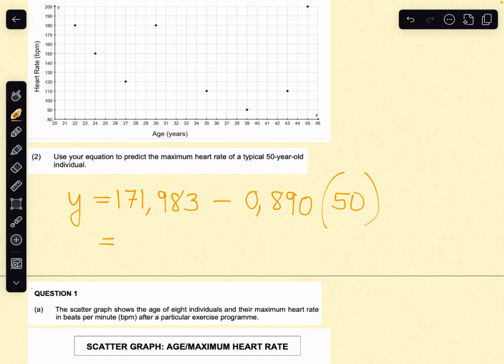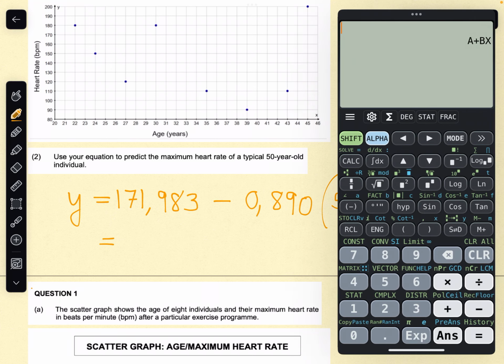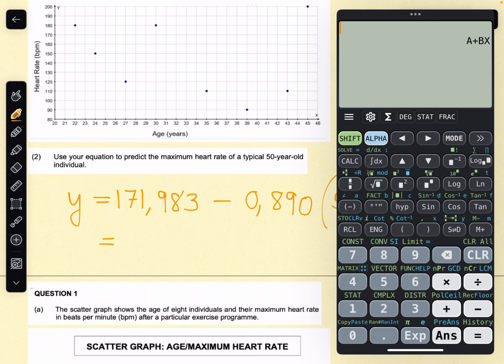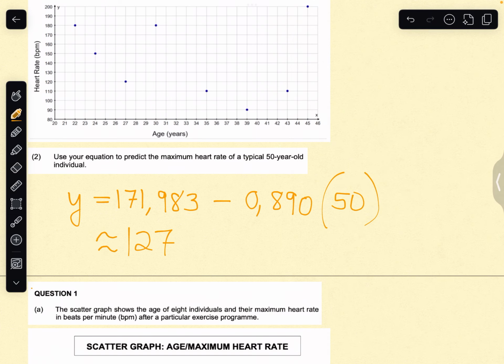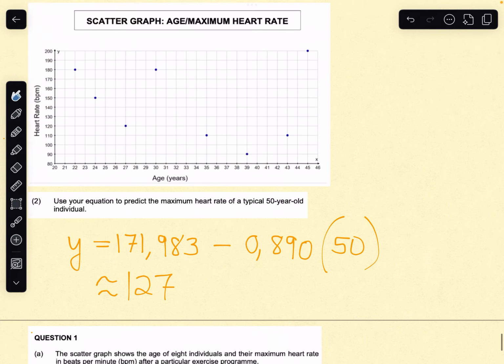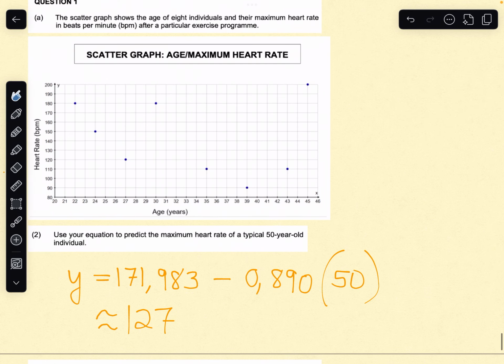And so Y would be 171.983 minus 0.89 times 50. And maybe we can just round that off to the nearest whole number, like we're working with whole numbers. So that would be 127 beats per minute, right?